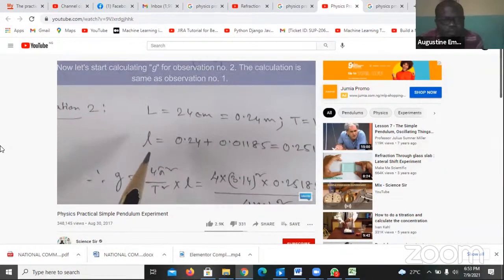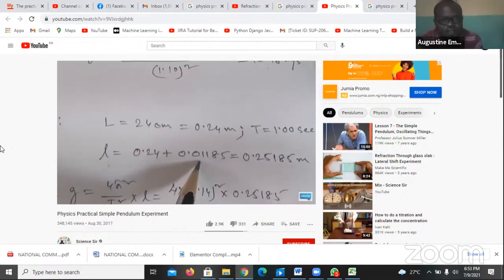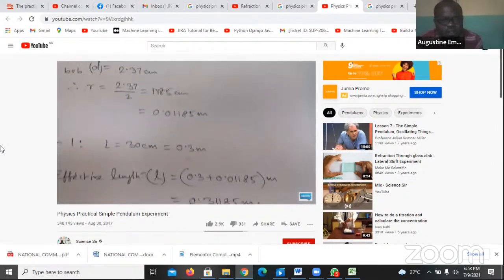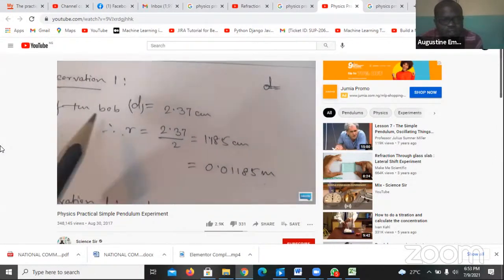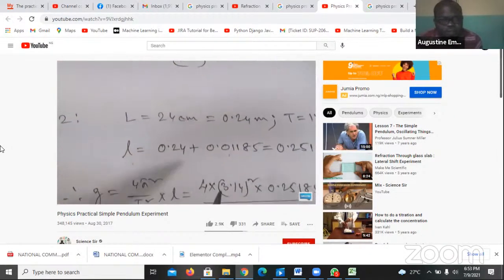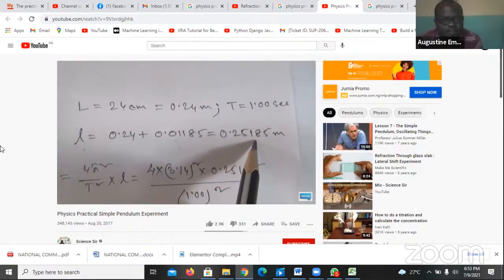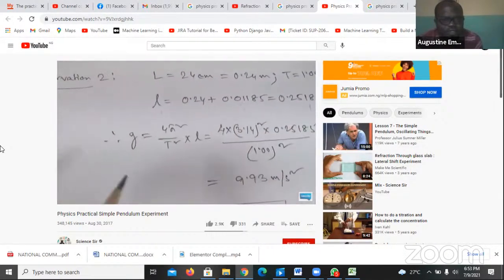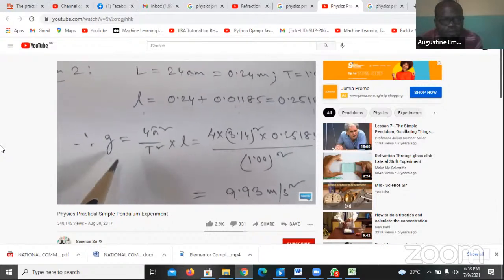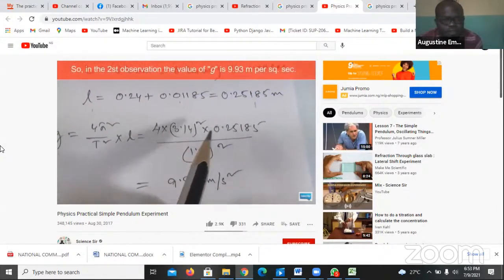This is the time. L, effective length, gotten from the length plus the radius. Then you put back in the g. So when you substitute, you get now 9.3.